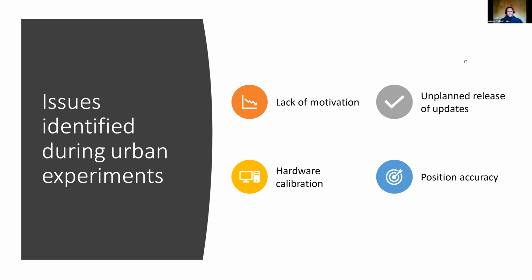If you have to make an unplanned release of updates, you could yourself make mistakes and lose some data. And as an example of technologies, GPS doesn't work really nicely in between major cities' buildings, so position can be a challenge in these digital citizen science processes because you usually want the location information.